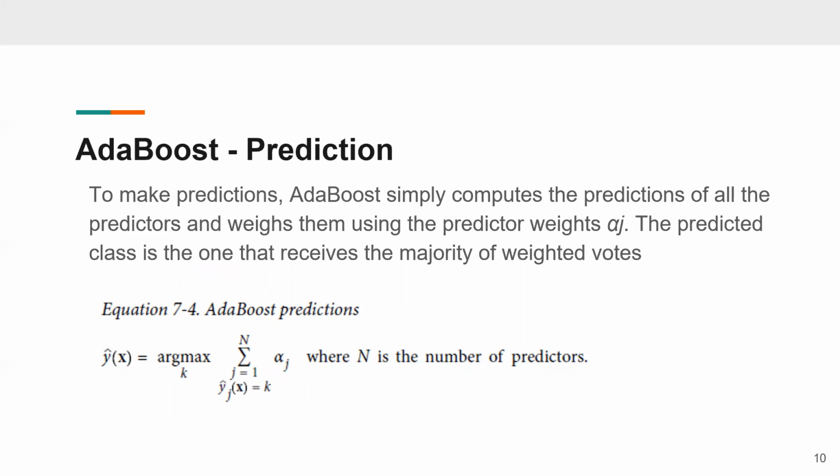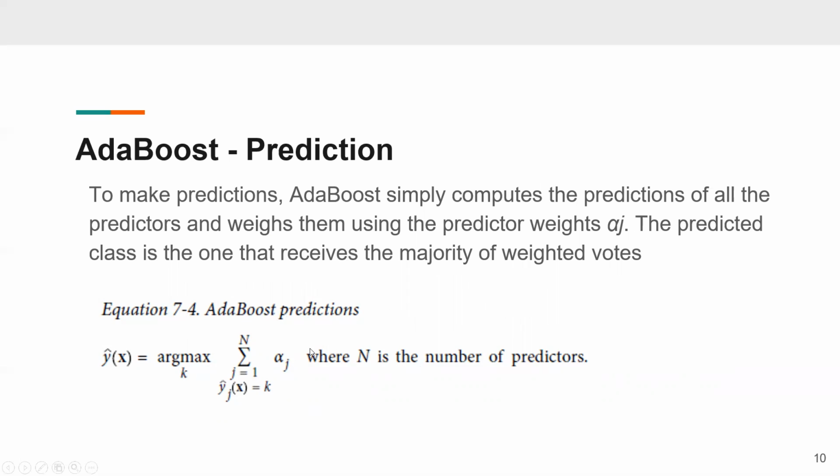To make predictions, AdaBoost simply computes the predictions of all the predictors and weighs them using the predictor weights alpha j. So the predicted class is the one that receives the majority of the weighted votes. So you use the predictor weights that we defined in step 2, alpha j, to make your final prediction, where n is the number of predictors.